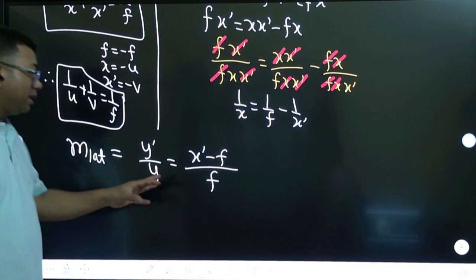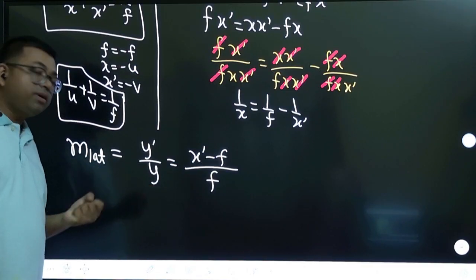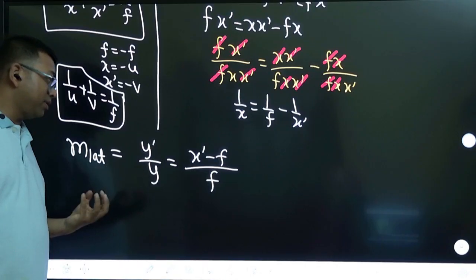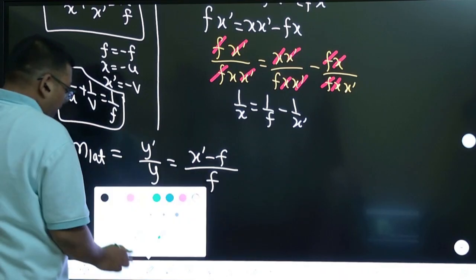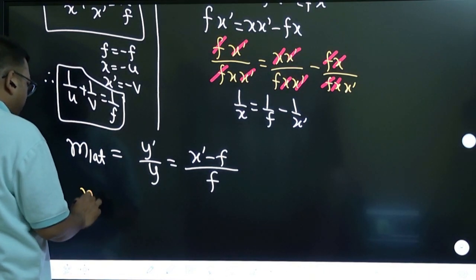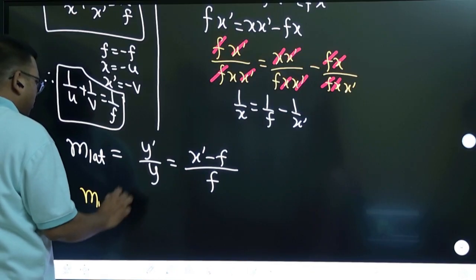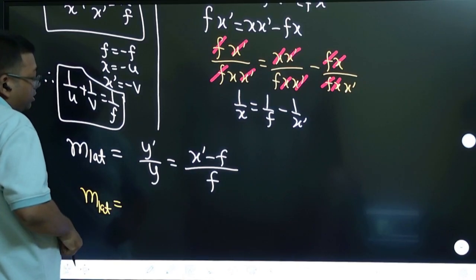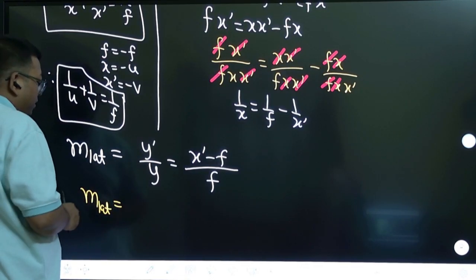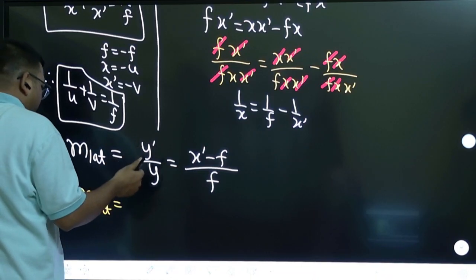Now suppose I want to put it with proper sign convention. Lateral magnification: what is y dash? That is the height of image, which is negative basically.